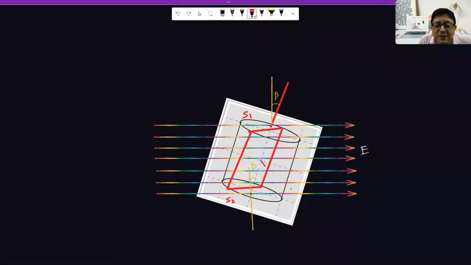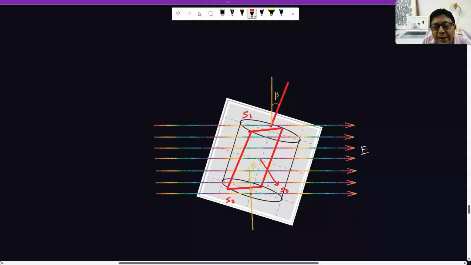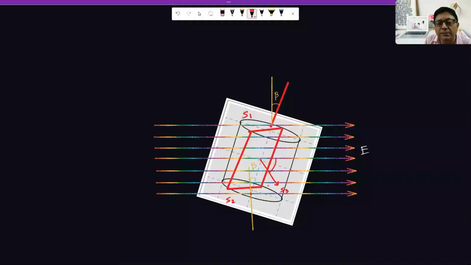So this area I am taking as S3. What is the angle S3 makes with the vector E? That is going to be beta. Because initially the S3 vector was along E. Now it is rotated by an angle beta. So this angle is also beta.